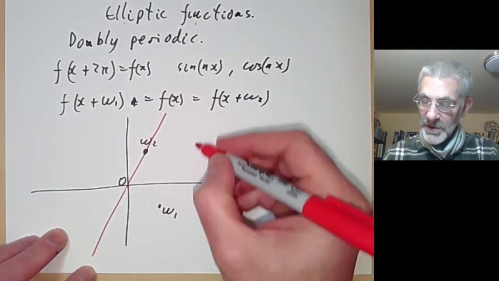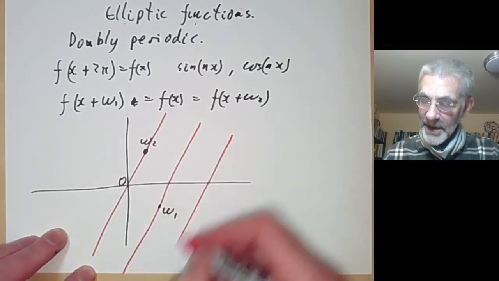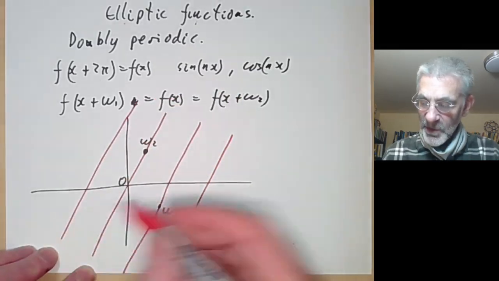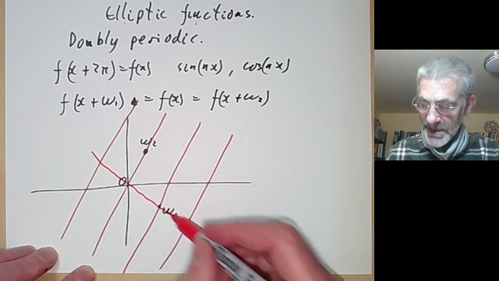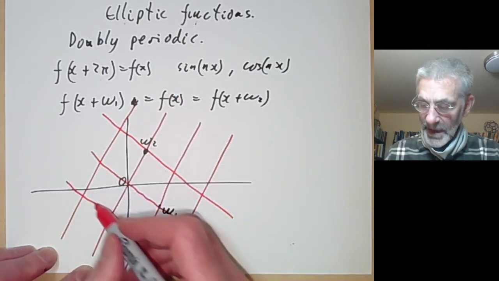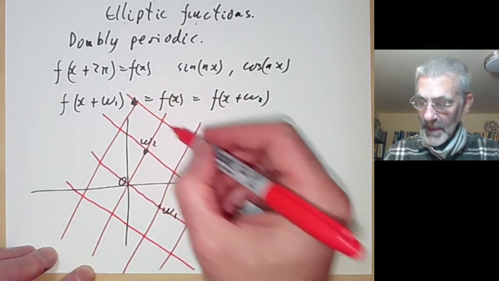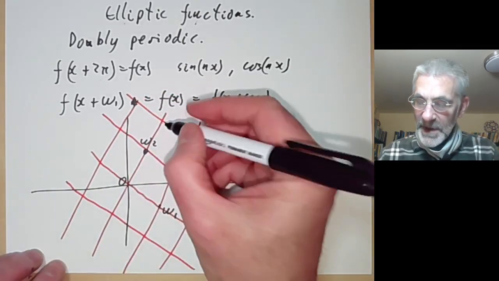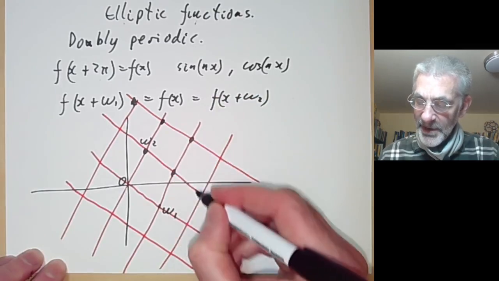So if you draw a sort of grid like this, not necessarily rectangular, these are sort of diamond shapes or something, then all of these points here are also periods.